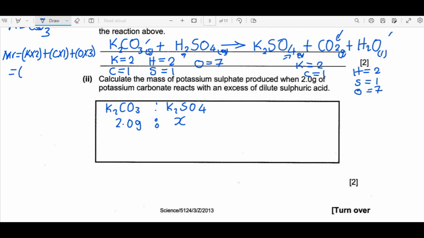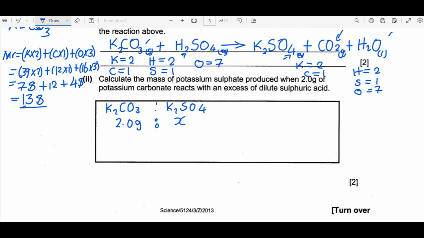So from the periodic table, potassium has a mass number of 39 multiplied by 2, 12 times 1, 16 multiplied by 3. So 39 times 2, I'm getting 78, plus 12, plus 16 times 3 is 48. So 78 plus 12 plus 48, I'm getting 138.